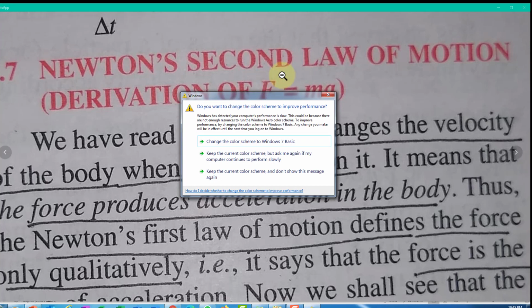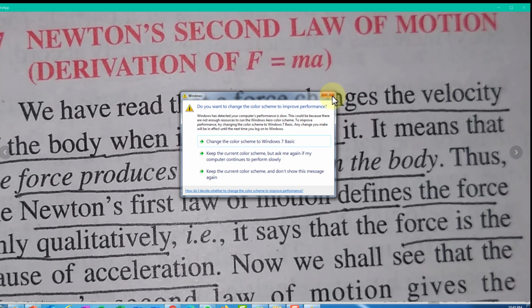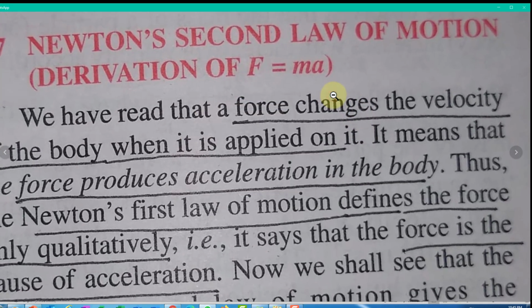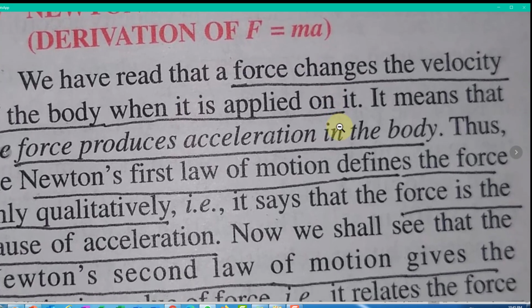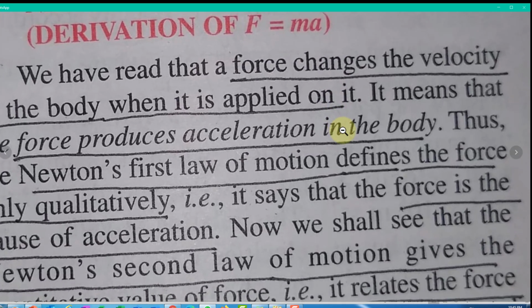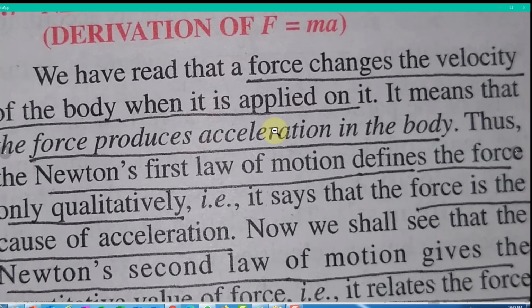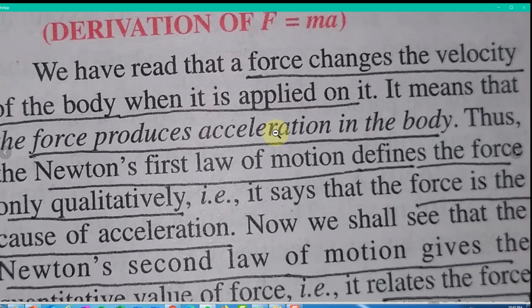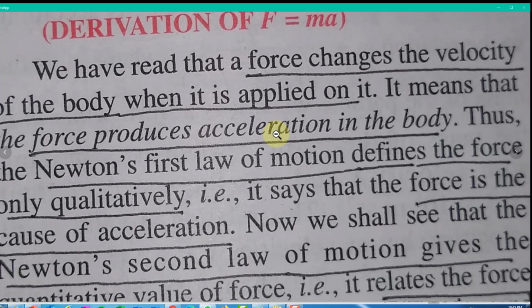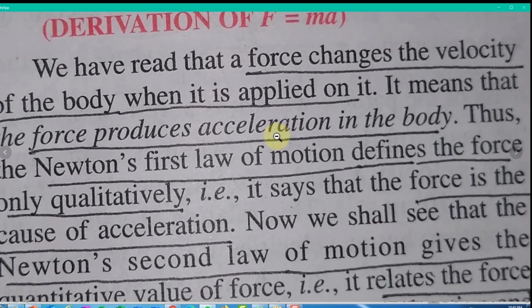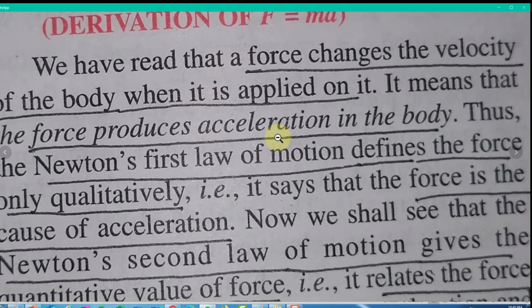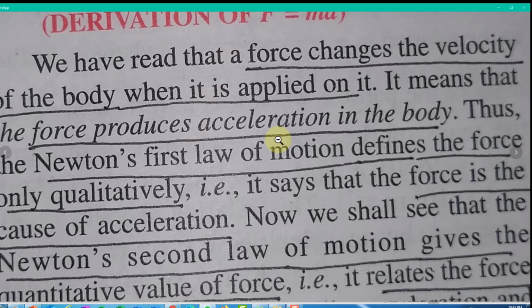That depends upon the direction in which you applied force. If you apply force in the same direction in which the body is moving, of course its velocity will increase. But if you apply force from the opposite direction, of course its velocity will decrease and at last it will stop.